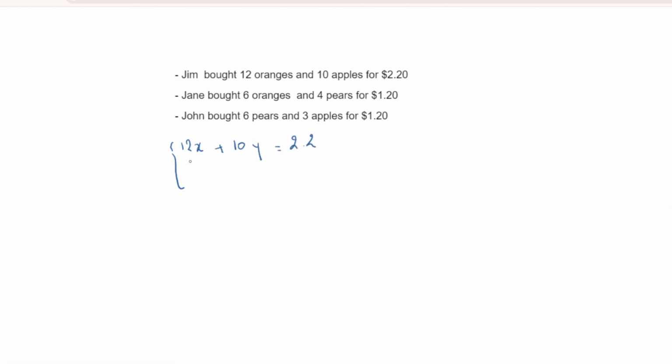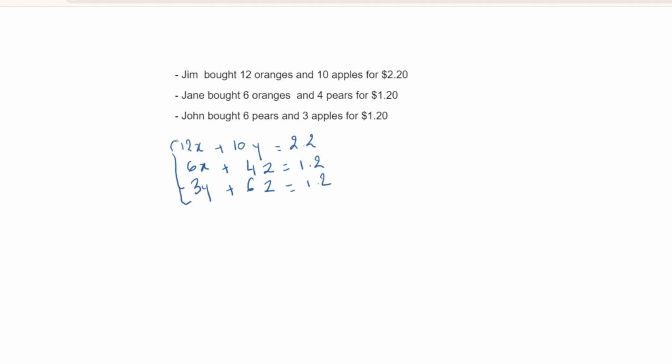The second one would be 6x, 6 oranges, plus 4z, the cost of pears, equal to 1.20. And the third one would be 3y, 3 apples, plus 6z, 6 pears, equal to 1.20. So these are the equations.